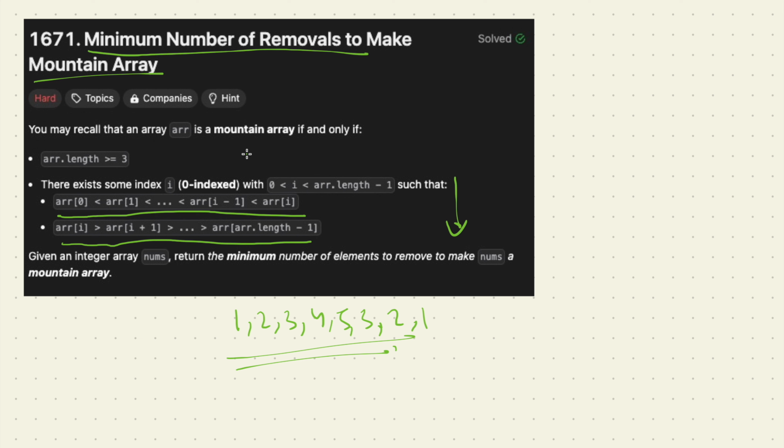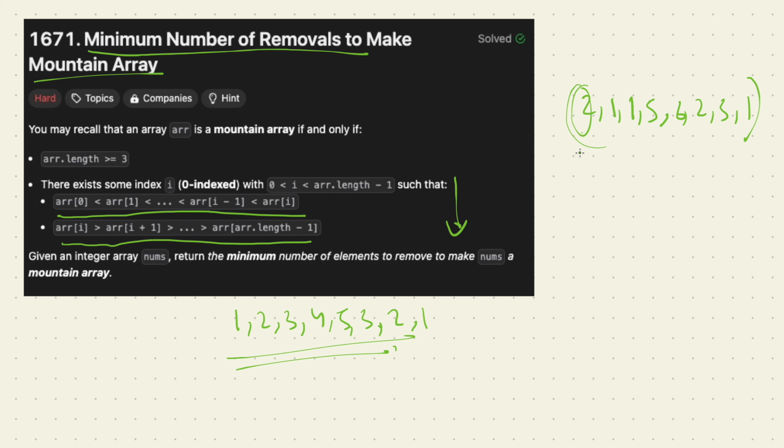Now how can we do this? One possible way is through recursion. Suppose we are given this array. For each element we can take a decision: take or not take.